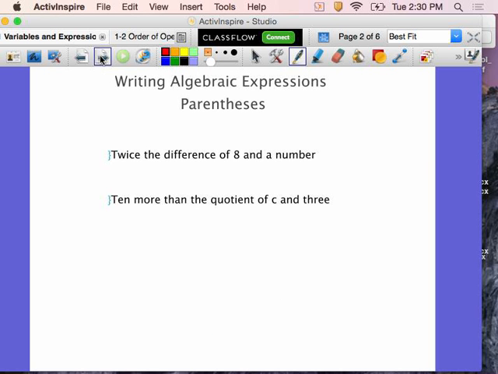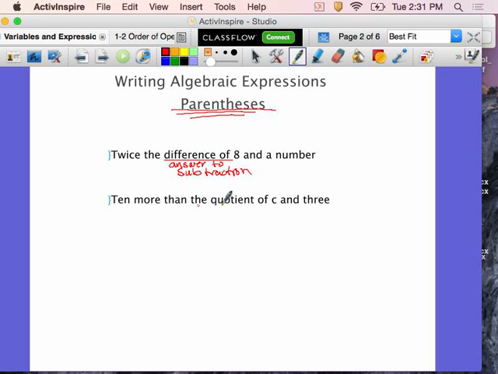The next part, which we've already kind of hit on, is the things that involve parentheses and how they're shown. And just like before, we're going to look for words that have meaning, like answer. So in the first one, you should see difference of, which means the answer to the subtraction problem.